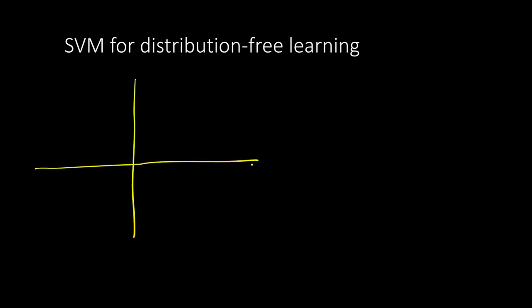So in support vector machine, the basic idea is the following. Let's say we have x1, x2 plane. And in this x1, x2, we are given some positive points and some negative points. Basically what we are trying to do is we are trying to minimize something called empirical risk.